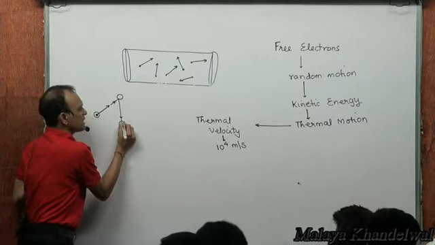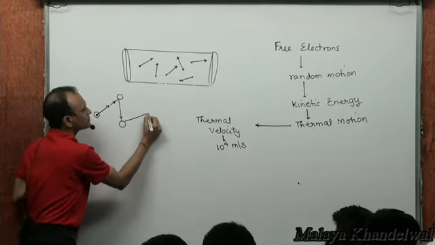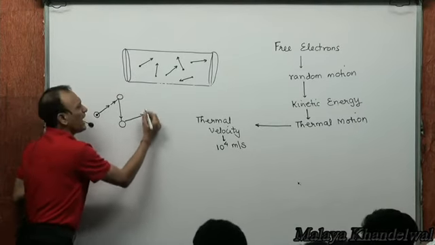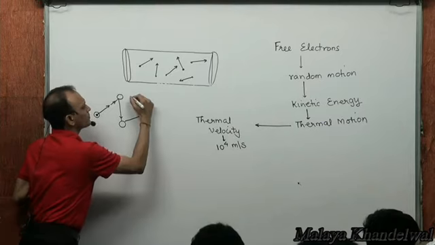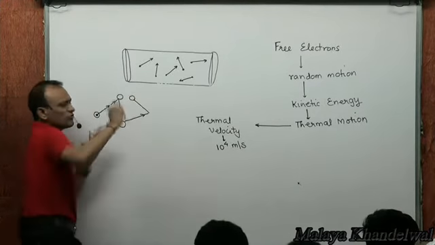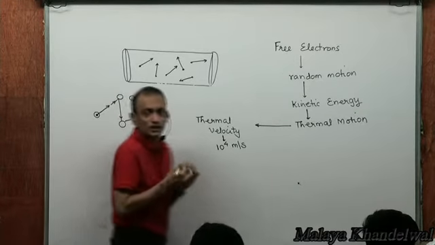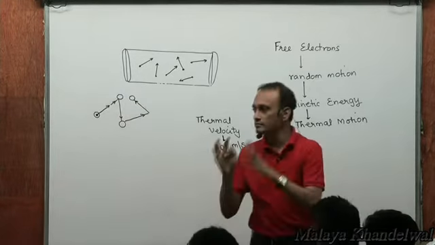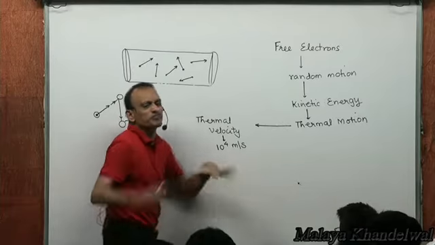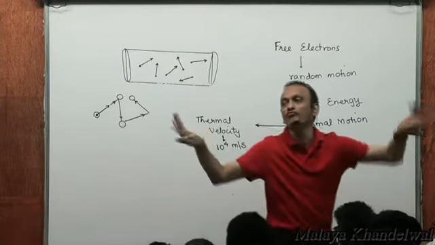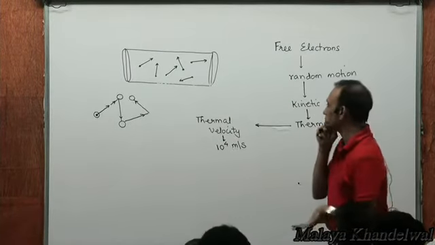It encounters another atom and again reflects. Because of multiple collisions, it follows a zigzag path. Every electron will follow a zigzag path, with an average thermal velocity of the order of 10 to power 4 meters per second.